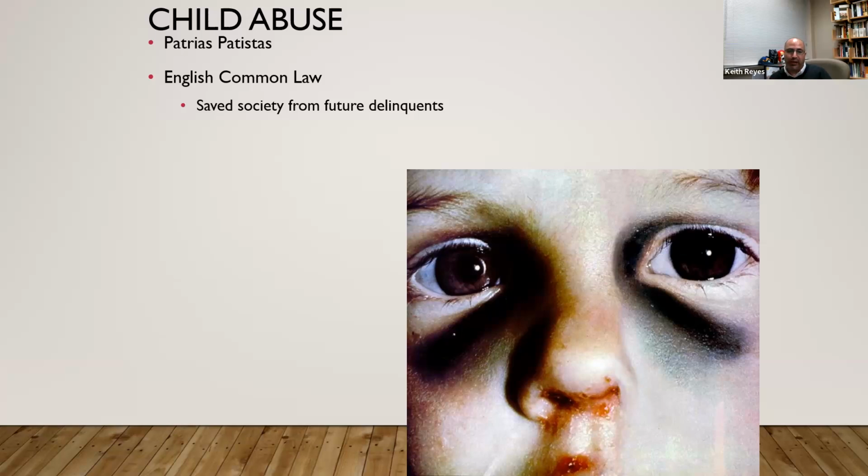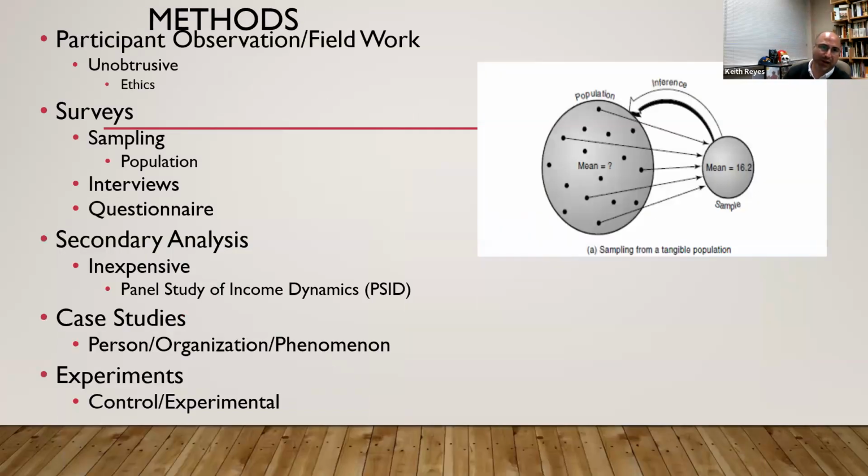But you also find that the use of corporal or physical correction is related to educational attainment. People with less education generally see physical correction as an acceptable means of training or raising their children. So the higher level of education you attain, the less likely you are to use physical correction as a means of raising your child. So that's a little bit about that.